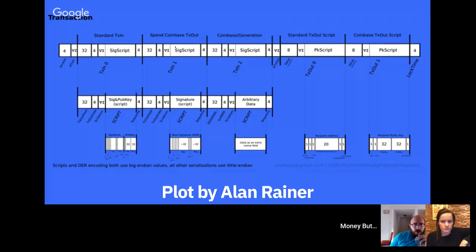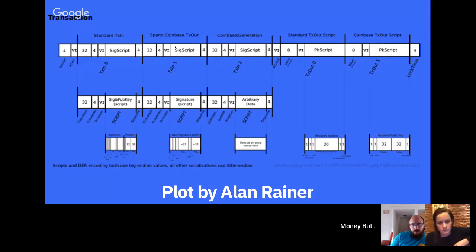The output has something different. It has its own script, and it has a value in there. It starts with a value, which is 8 bytes, and then the length of a script and a script. So outputs are a bit simpler. We'll talk about this in more detail as we go, because basically this whole talk is about what is inside here. And then the very final piece, on the top right of this chart, is the lock time.